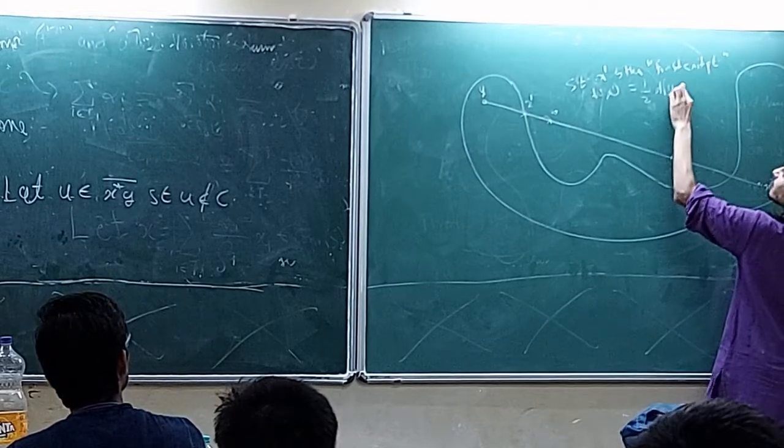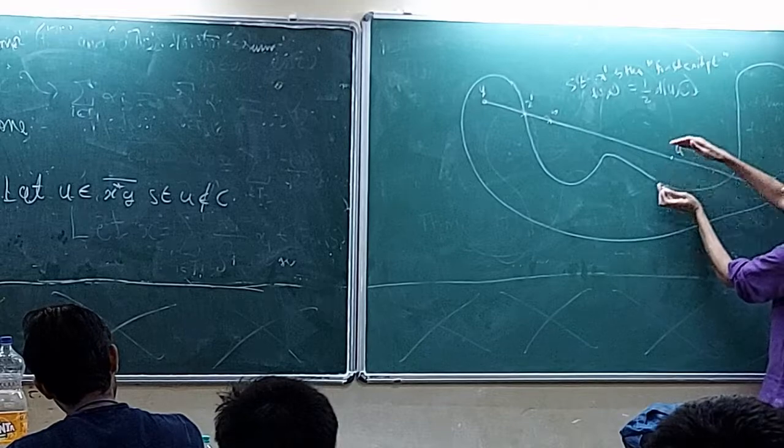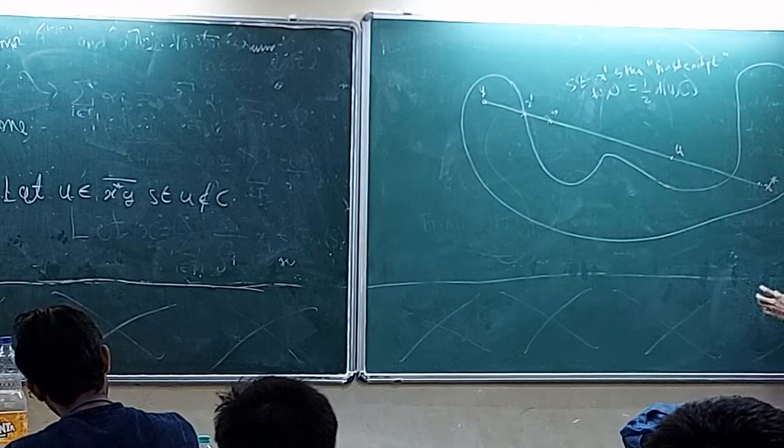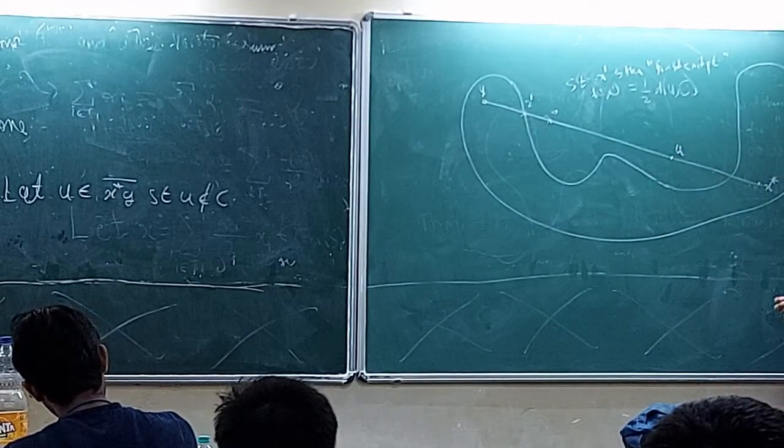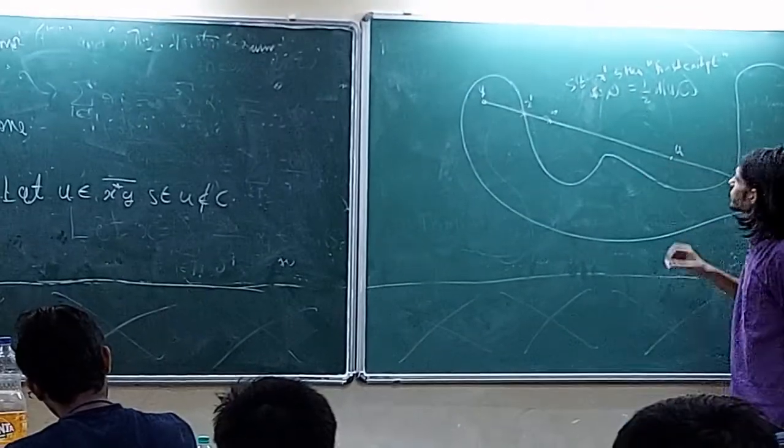So say half d of U comma C. So d of U comma C literally means the shortest distance between U and this compact set. Okay? I'm just going to leave it to this. So d of W comma x prime, that's what that means.